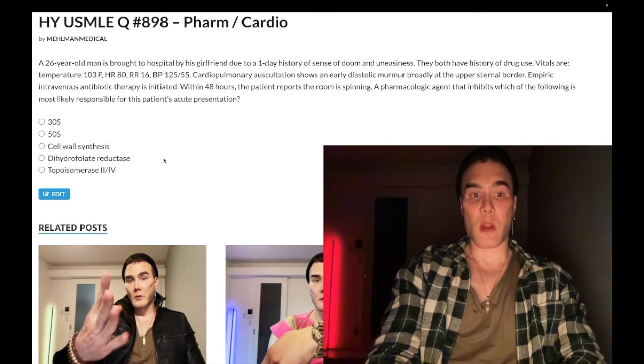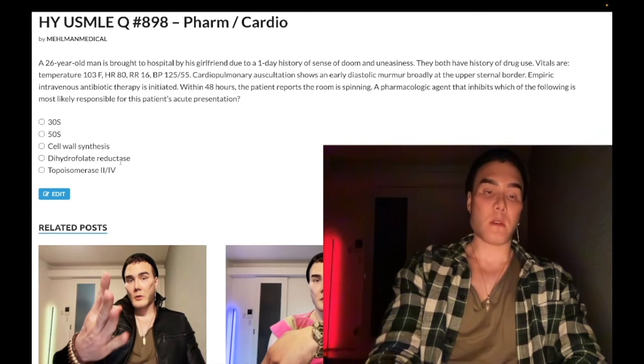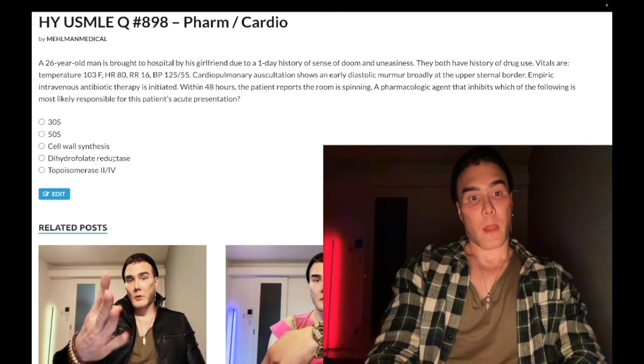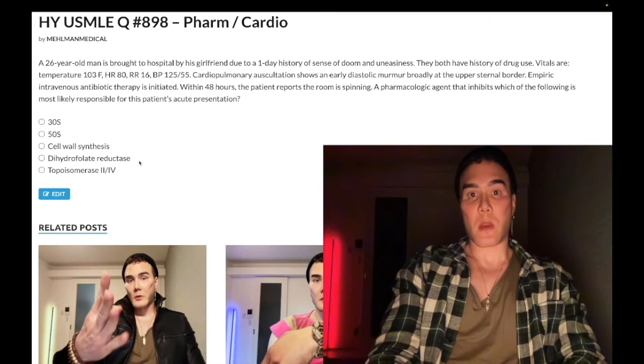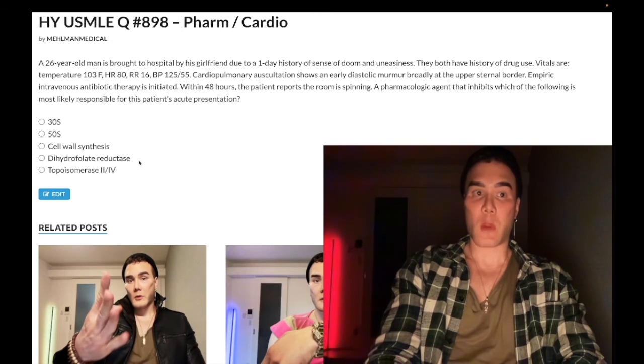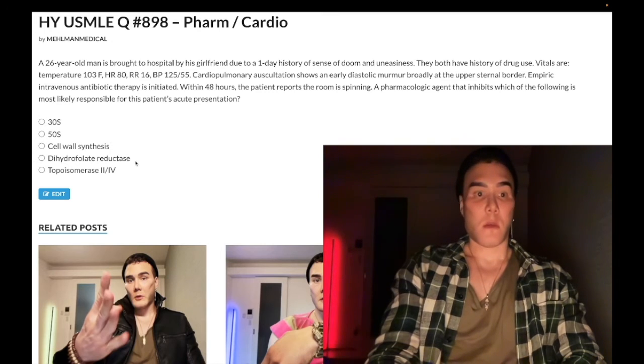Choice D, dihydrofolate reductase, wrong answer. Okay, so methotrexate, high yield agent, first line DMARD for rheumatoid arthritis. Also the first oral agent used for psoriasis that fails topicals, or patients who have systemic psoriasis, i.e. arthritis. Could be pyrimethamine used in the treatment of toxo, so sulfadiazine, pyrimethamine; it can be trimethoprim, classic for UTIs.